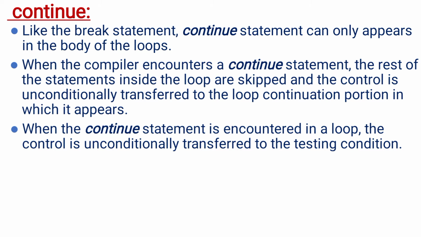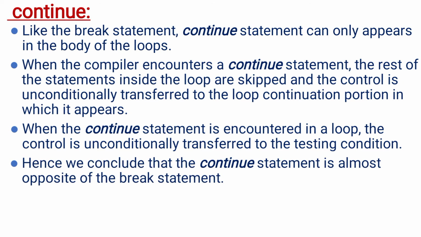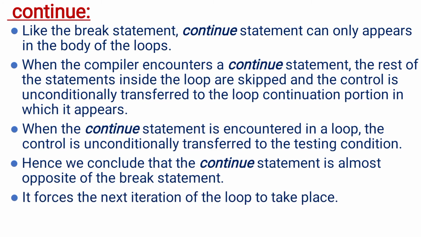Already in the previous point we discussed this. Hence, we conclude that the continue statement is almost opposite of the break statement. The break statement is used to break the execution, but the continue statement is used to make the continuation of the loop execution. So we can say that the continue statement works opposite to the break statement. It forces the next iteration of the loop to take place.